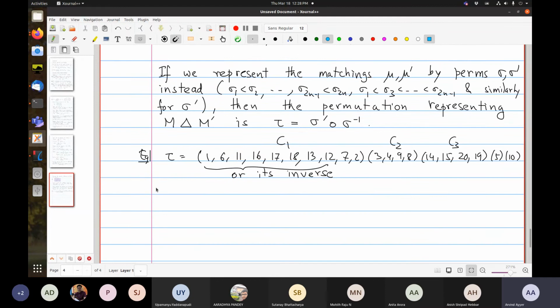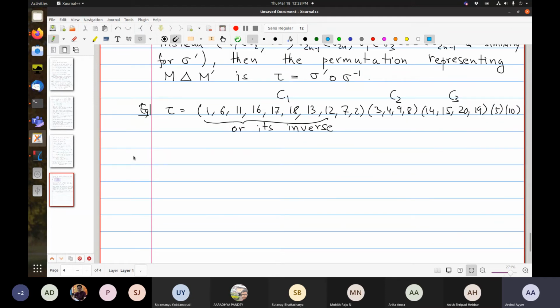Now here is a general fact about the sign of a permutation, which is not hard to prove. The sign of any permutation with k even cycles is (-1)^k.